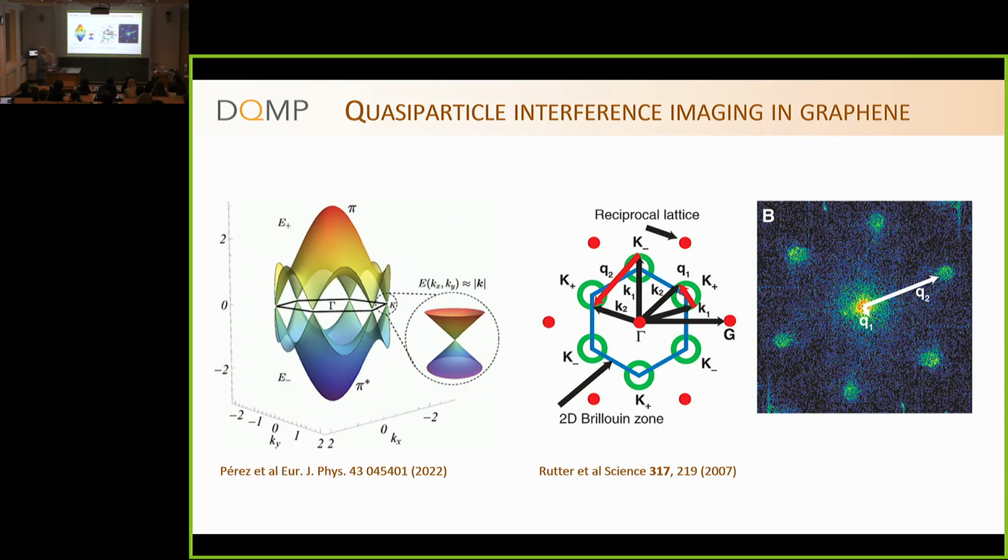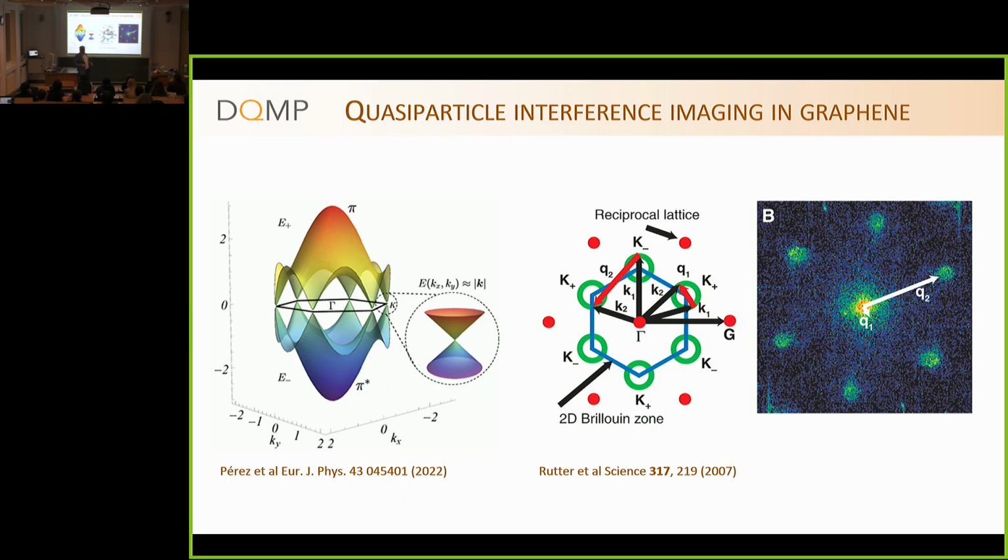It's always the same principle: in a complicated band structure, like graphene with its Dirac cones, certain scattering vectors are allowed. If you take a conductance map and its Fourier transform, this gives you certain spots which you can identify directly with the possible scattering events, and from this you can reconstruct what's happening in the material.